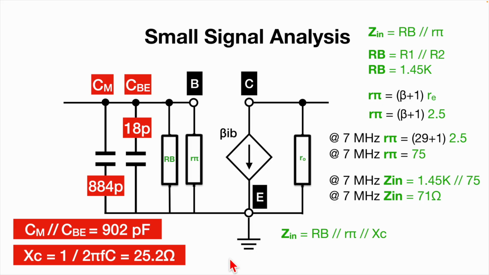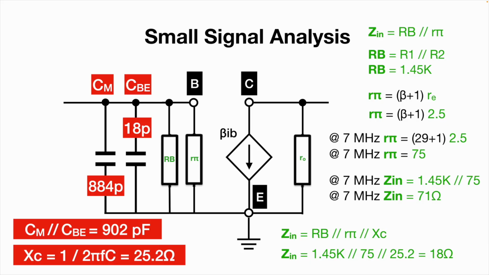So we're in trouble here, because when you do that, that brings the input impedance down to 18 ohms, from 71 to 18. So you can see the dramatic effects that the Miller effect has on my common emitter amplifier with a big voltage gain, using it at HF.